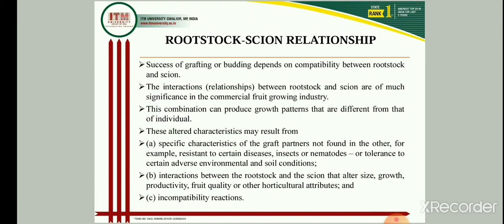Although compatibility between rootstock and scion is not a genetically governed fact, closeness in the genetical character between the two components will result in successful grafting or budding, or better compatibility between both components.